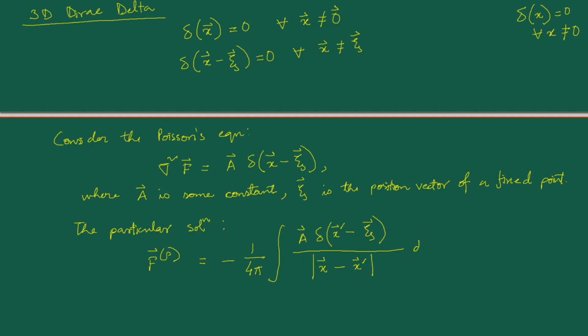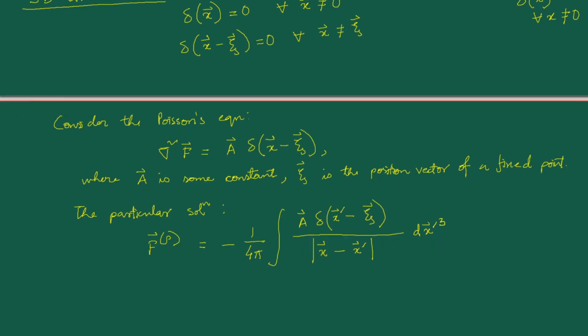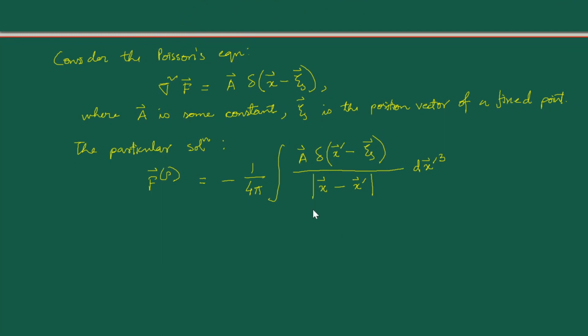And we have to finish it up by writing it properly, that the integration is with respect to x dash. Now as we have already mentioned, this a vector is some constant, so it can very well come out of the integration. Now we are left with this thing inside.